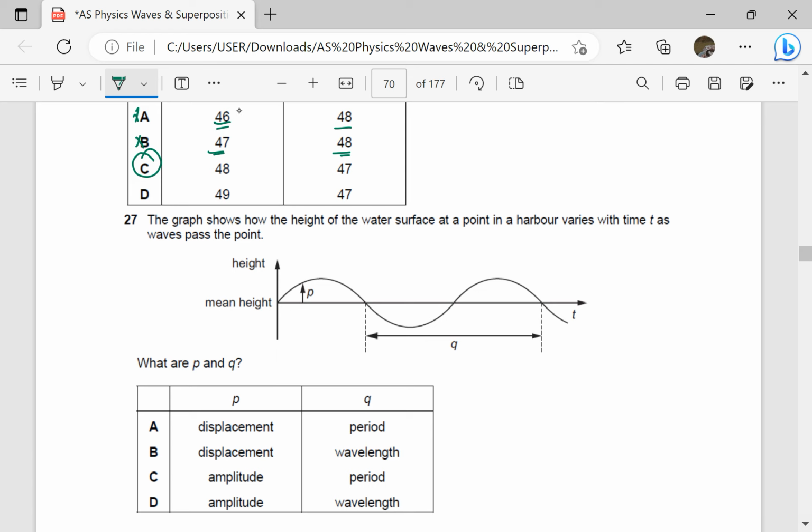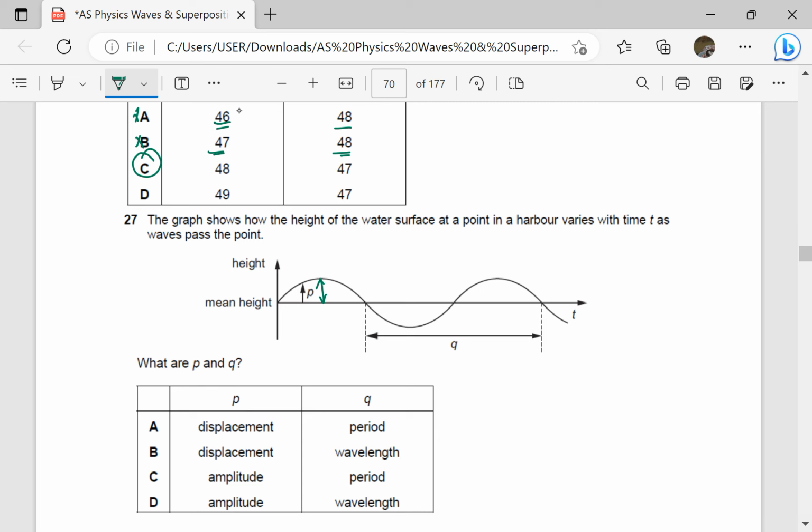The graph shows how the height of the water surface at a point in a harbor varies with T as waves pass the point. What are P and Q? P is not amplitude. Amplitude should be here.